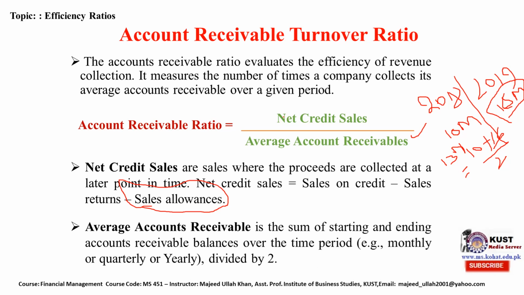Average account receivable is the sum of starting and ending account receivable balances over a time period, monthly, quarterly, or yearly, divided by 2.